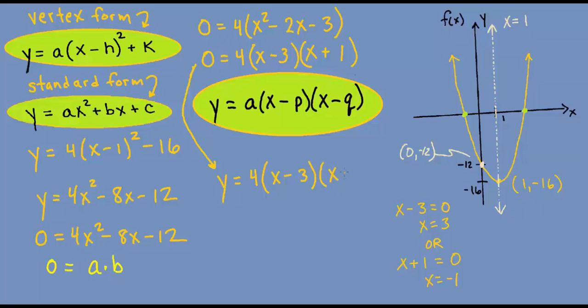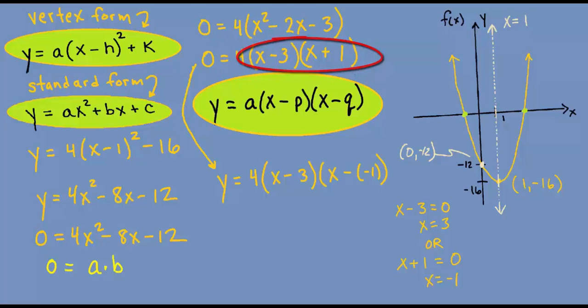We're going to make that a subtracting a negative 1. Same thing, right? So notice now we have it exactly in the X-intercept form, and we can see that P is the number after the negative sign, in this case 3, positive 3. Q is also the number after the negative sign, negative 1. Okay, but again, if you don't want to worry about this down here, the X-intercepts are the opposites of the numbers you see here in the factors.